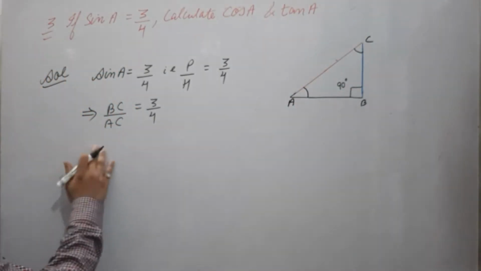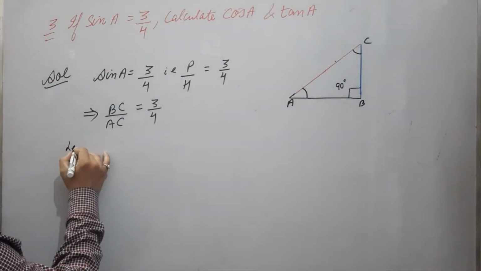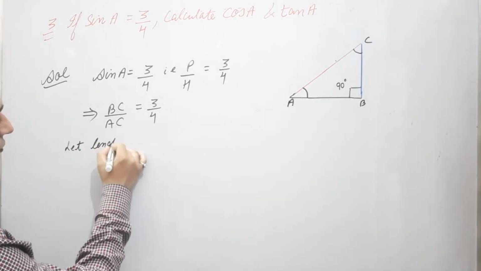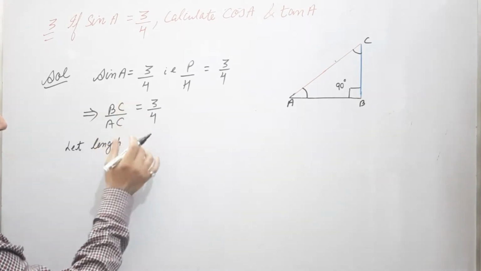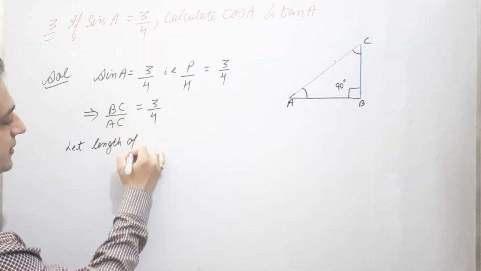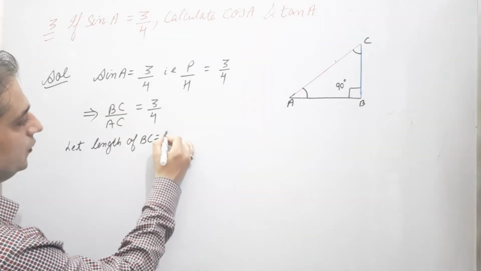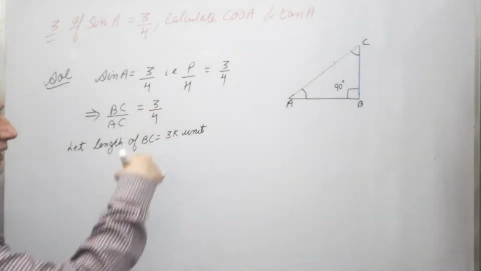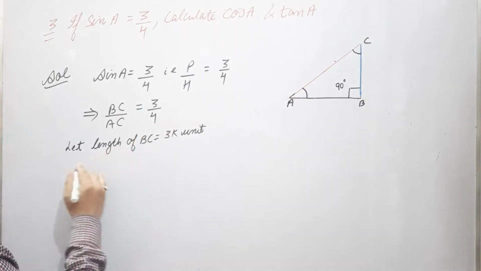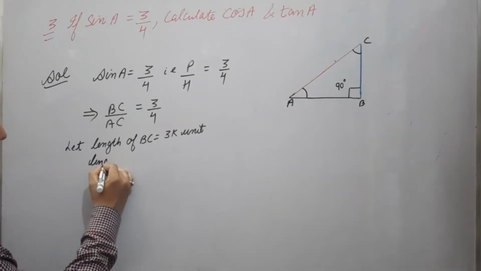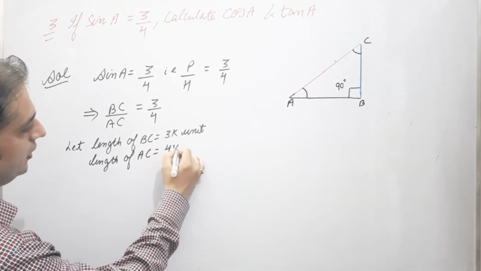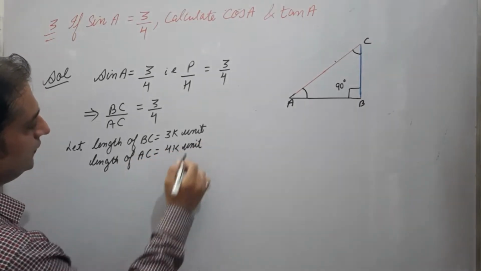So here we write, let length. This is not the length, BC is not the length, AC is not the length. Let length of BC is equal to 3k unit, because the factor cancels out with numerator and denominator, and length of AC is equal to 4k unit, right?